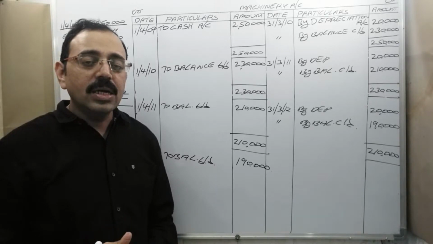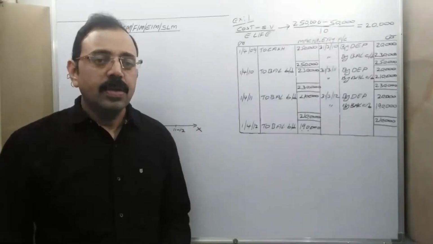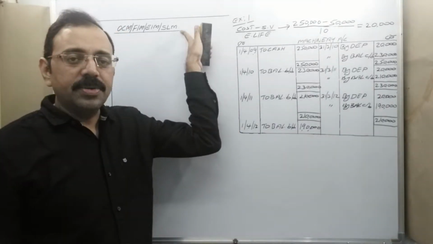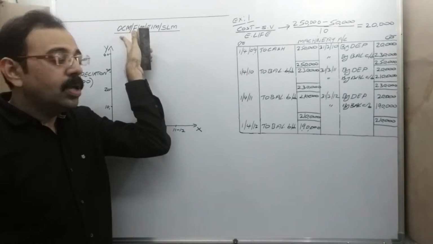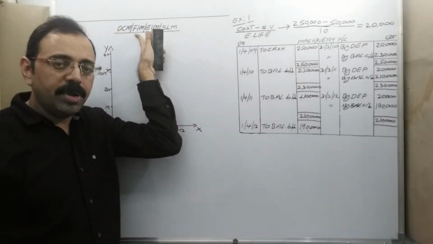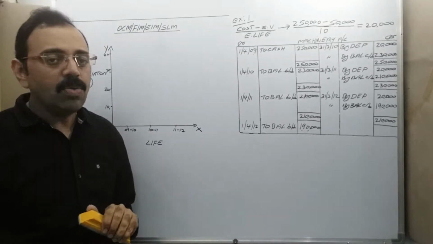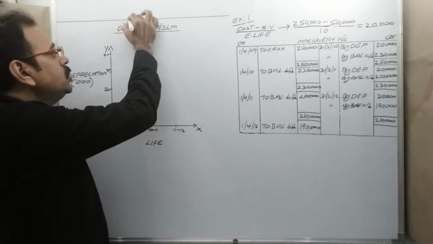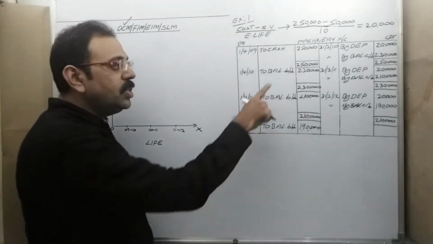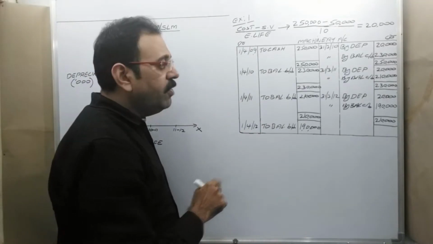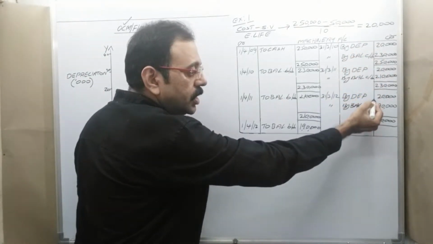Now let us see the meaning of fixed installment method. Straight line method is also known as original cost method or fixed installment method or equal installment method. Now, why this method is known as original cost method? Let us see. Observe this example 1. Every year, on which amount we calculated these depreciations?